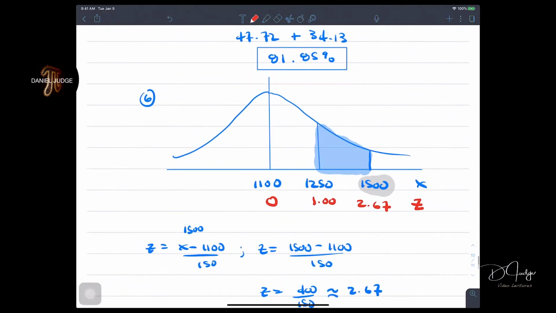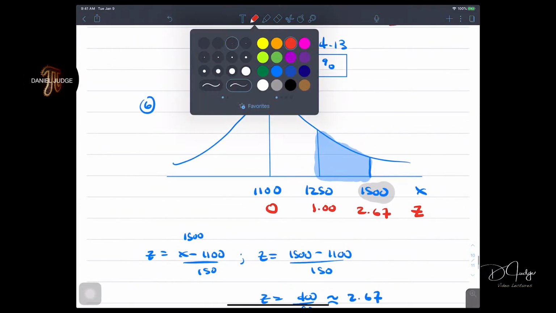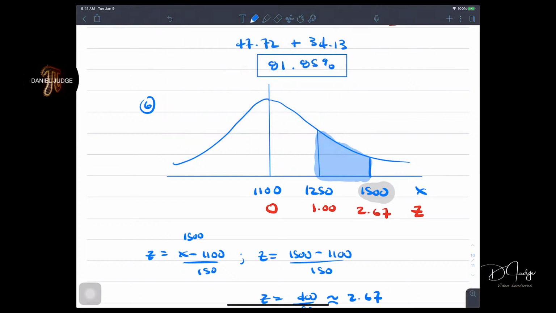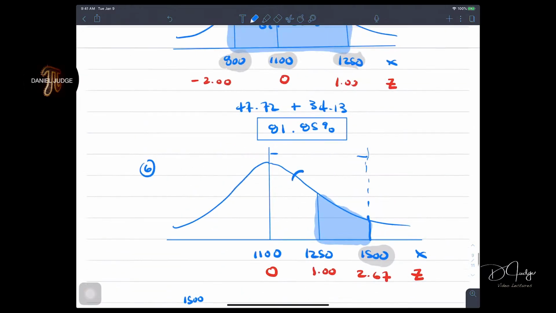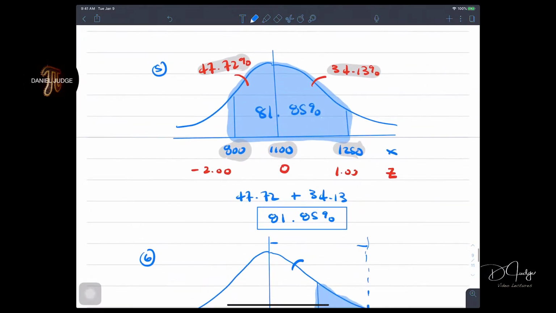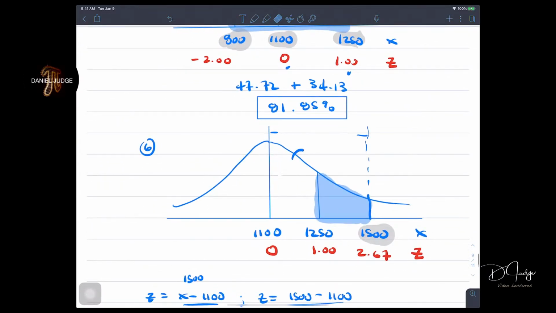Remember what we have to do for this question here. Remember what we did last time. I'm going to do this straight line here. I need from 0 to 2.67 and then minus what is missing. What's missing, we already had in the prior question. What's missing from 0 to 1 is 34.13%. So this portion is going to be 34.13% there.